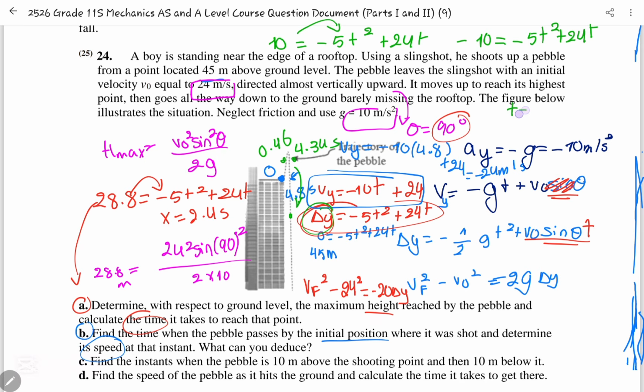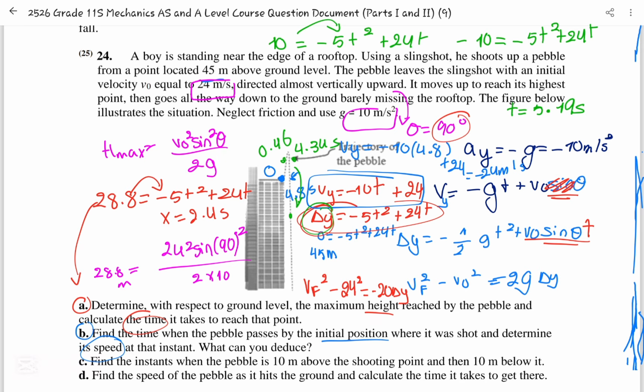So then time here would be 5.19 seconds. So when it is 10 meters above the shooting point, it has two possible values, which is either 0.46 or 4.34 seconds. And then if it's 10 meters down, there's two values, 5.19 or minus 0.386. You can't have a negative time, so you're going to stick with the 5.19 seconds.